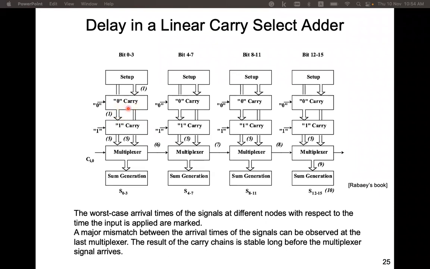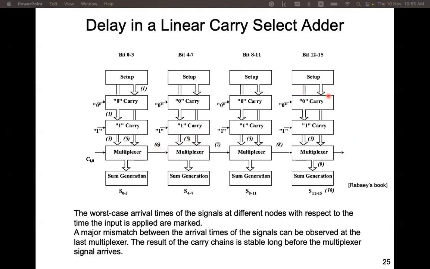And each carry block has 4 bits, so it will generate a delay of 4 units. So at the output of each carry block here, the delay is 5. The time that it is available is at time 5. Are you okay with this? Okay, good. Now, on this critical path, after the multiplexer, it has another propagation delay, so the output is available at time 6.